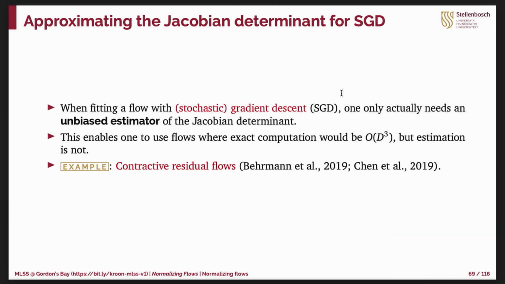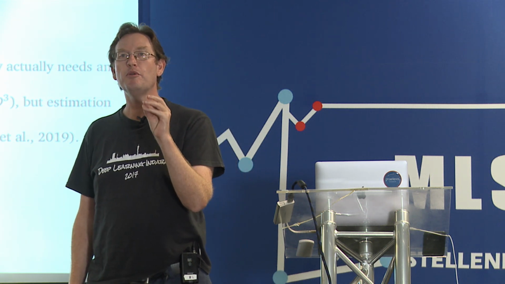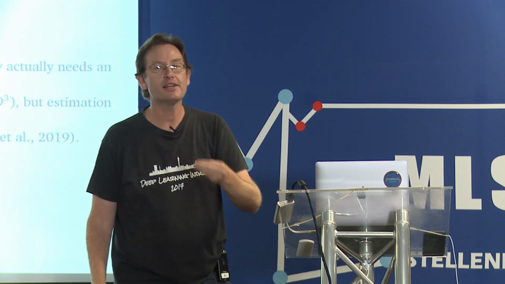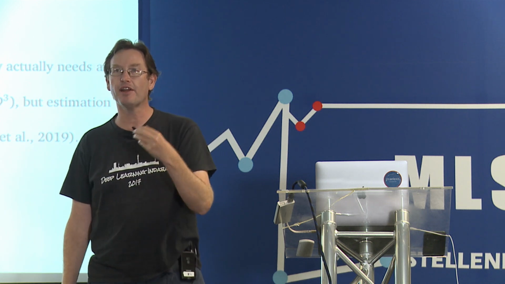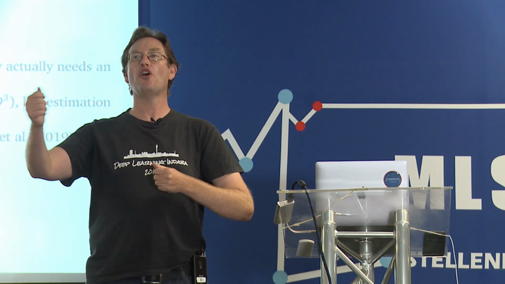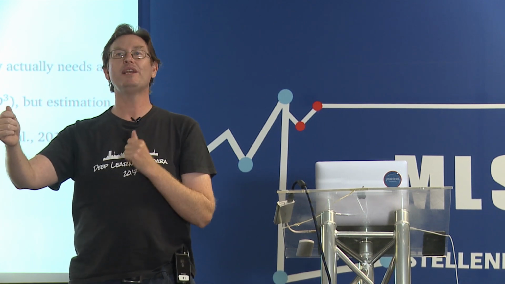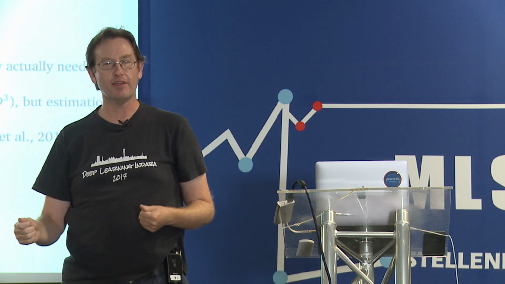So the key part for contractive residual flows, and I think this is a very exciting idea, is that when we're fitting with a neural network, we're using stochastic gradient descent. And stochastic gradient descent is stochastic optimization. We need to move towards the optimum, but we are using sampling in many cases. So we just need to get unbiased estimates of the thing that we're trying to move to.